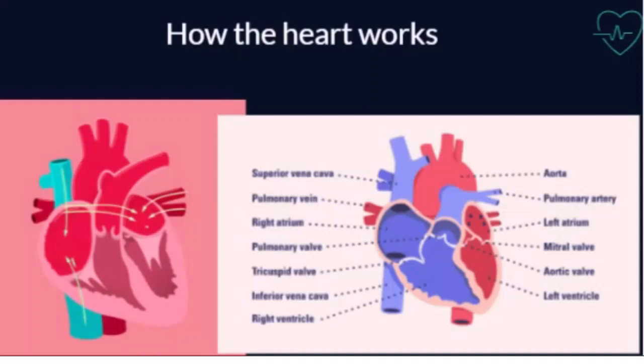To specify, the two circulations are systemic or body circulation, which is the blood flow to the entire body and back to the heart, and pulmonary circulation or lung circulation, which is the flow of deoxygenated blood to the lungs for purification and the oxygenated blood back to the heart.